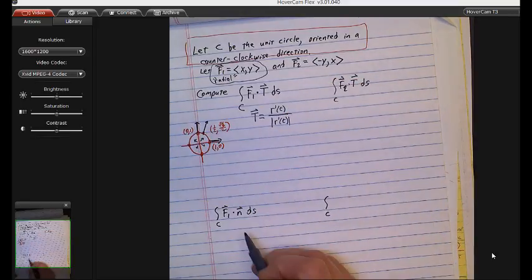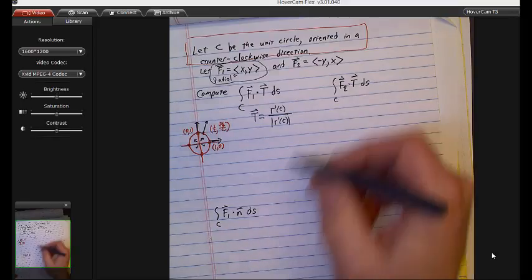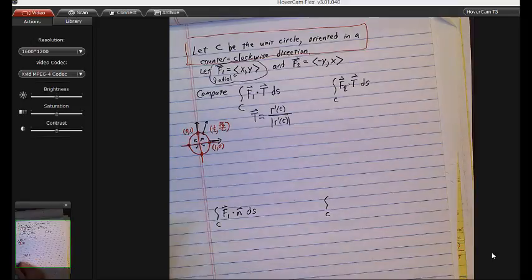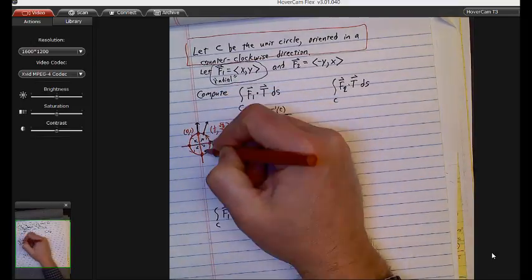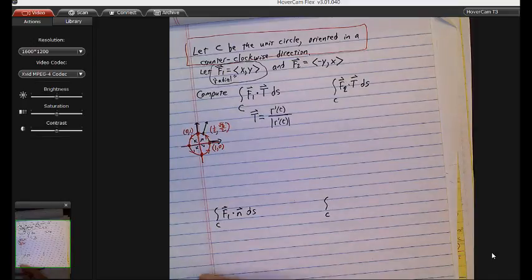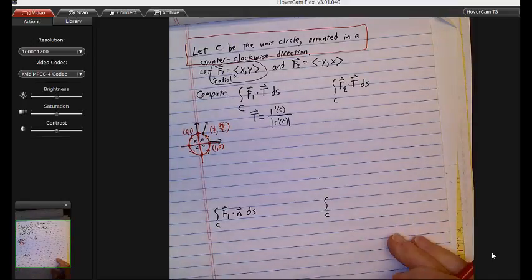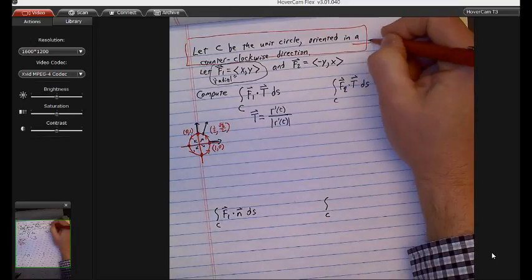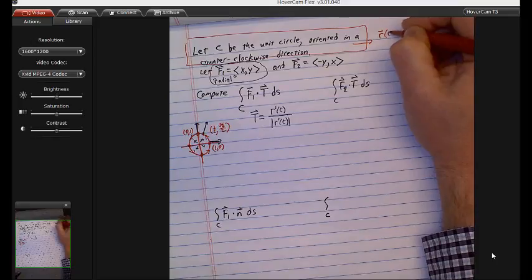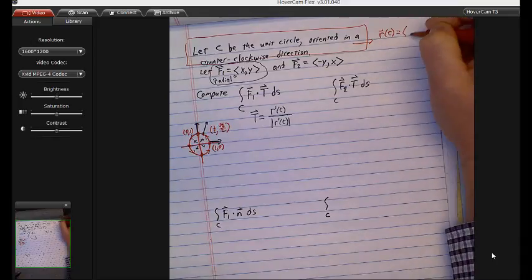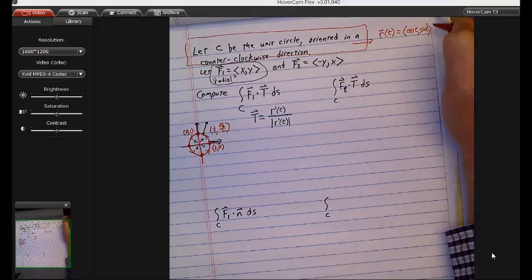But that assumes I have some r of t already, right? But if I'm talking about the unit circle, of course there's a natural way to get a parameterization of the unit circle. At least it's natural for you guys because you've done so much calculus and trig. Automatically you want to think, well, okay, r of t is going to be, let's say, cosine t, sine t. How's that look? Okay?